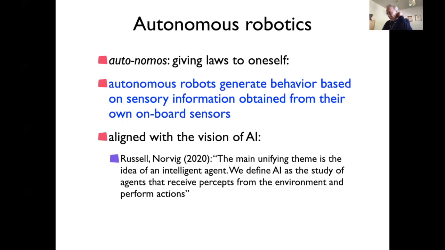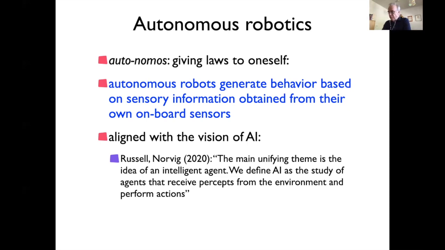And so if you remember my first lecture in this series about cognition, you see that that's very much aligned with the vision of artificial intelligence. I then quoted from the textbook of Russell and Norvig that the idea of an intelligent agent is a unifying theme in artificial intelligence.